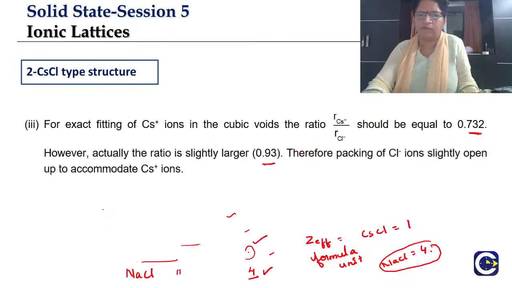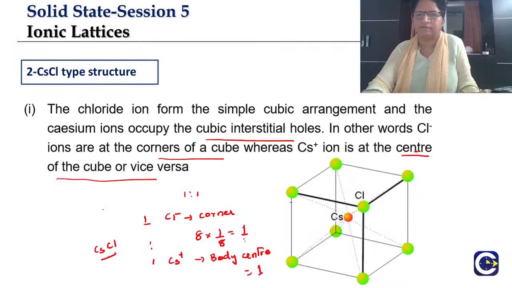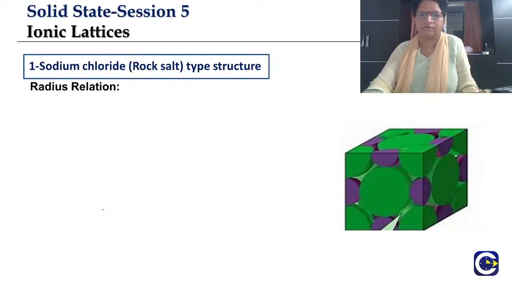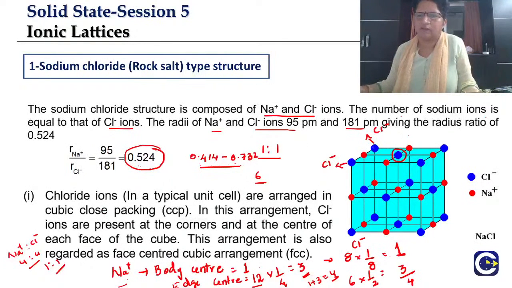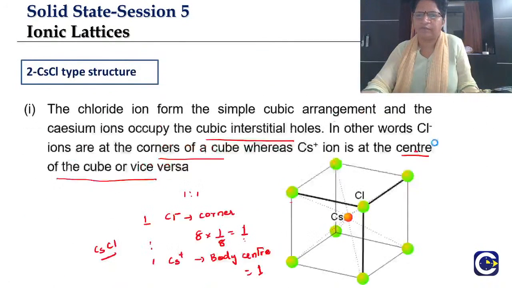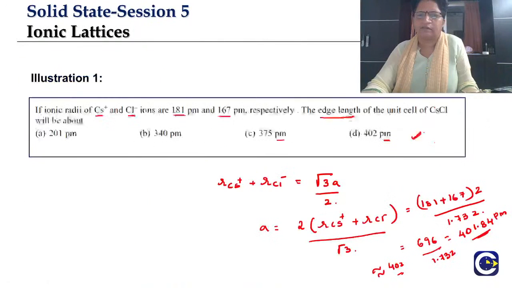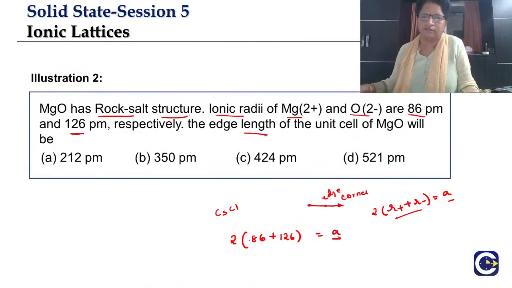If I go with the rock salt structure, here I'll get an edge which is made up of 2 chloride ions and 1 cesium. So I can take this edge length itself. Hope you understand why I am taking the calculation here as 2 radii of cations and anions is equal to the edge length.